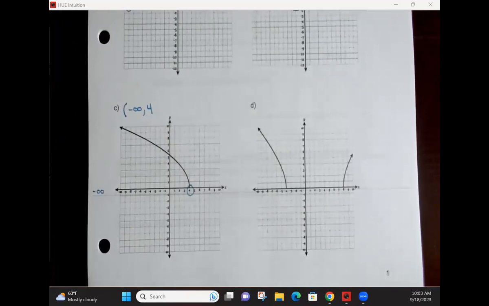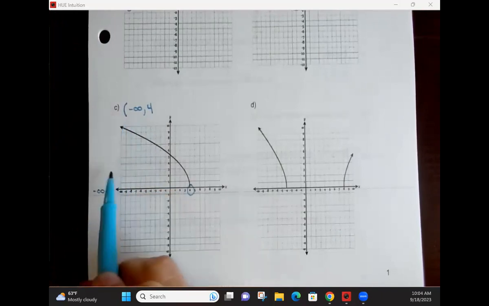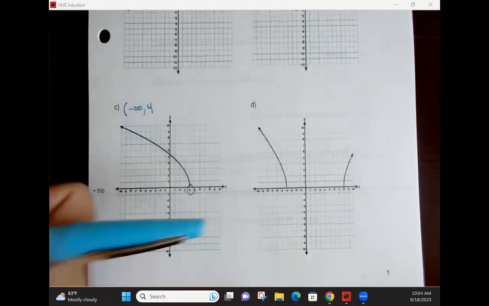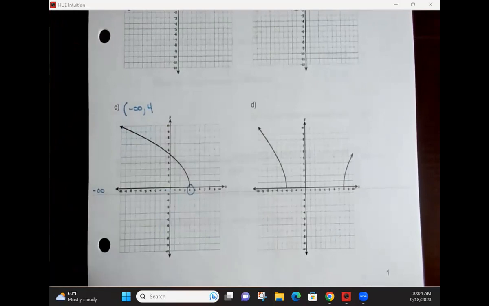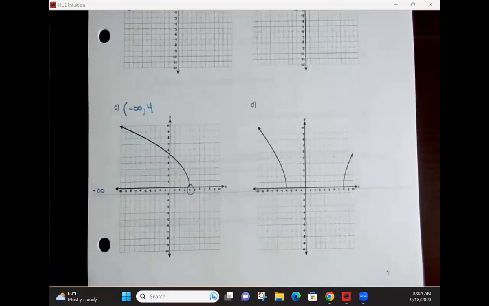No, right? Infinity is an idea. It's not like an actual value. So because there is no least point here, there is no point that is farthest to the left. It just goes forever. That's not a place that I can actually put my finger on. That's a parenthesis. How about on 4, parenthesis or bracket there?